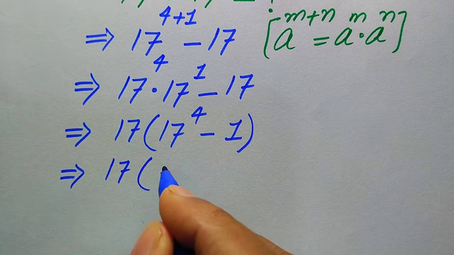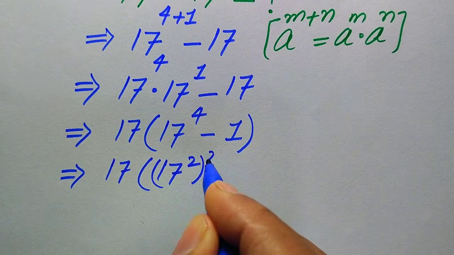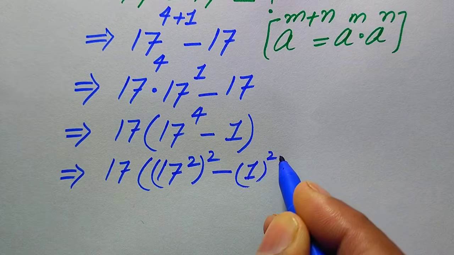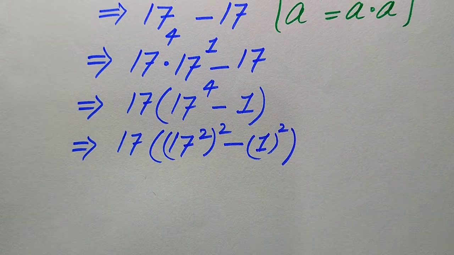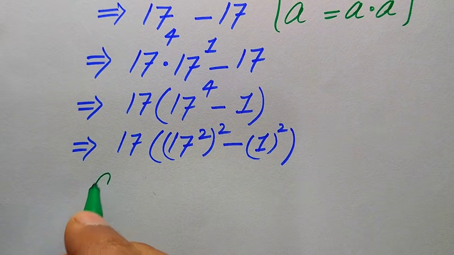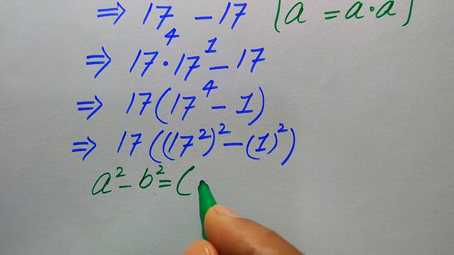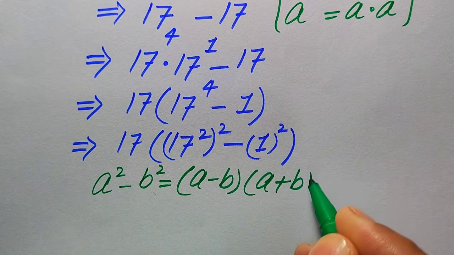So here first we have this is our 17 into, we write this 17 to the power of 4 as 17 square and its whole square minus, we write this 1 as 1 square. And in the next step we use here the nice algebraic formula. You know about that, if we have a square minus b square is equals to a minus b times of a plus b.